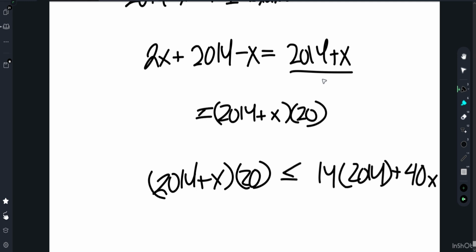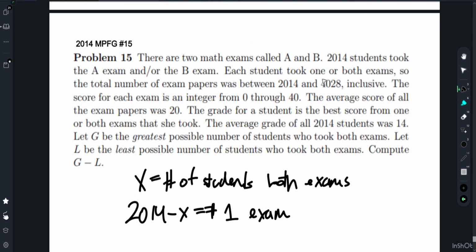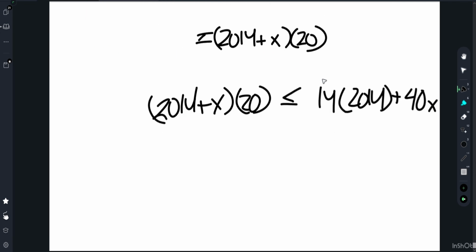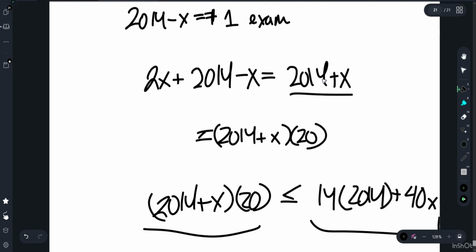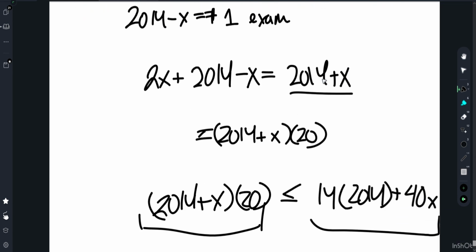So what this represents is that since each score is at most 40, we can infer that, for example, this is the total grades. Sorry, this is all the scores. This is all the grades that were accepted, and so only the higher score was accepted, and that's why it's at most plus 40x.